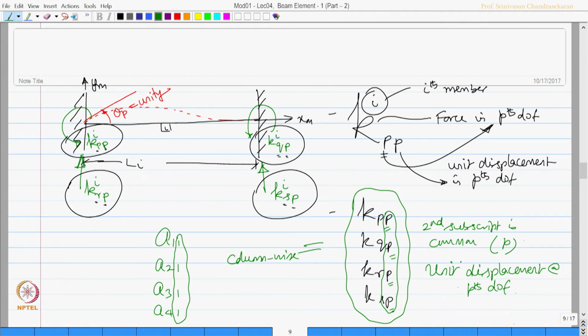Now, let us find out these values. I have given unit rotation at the end j, and I have got KPP, KQP, KRP and KSP. Okay.